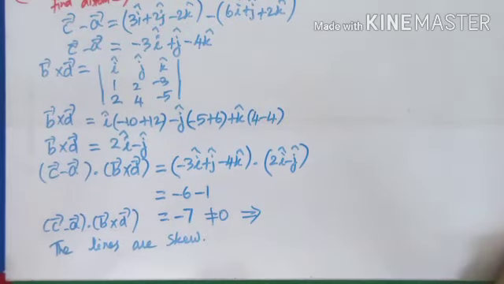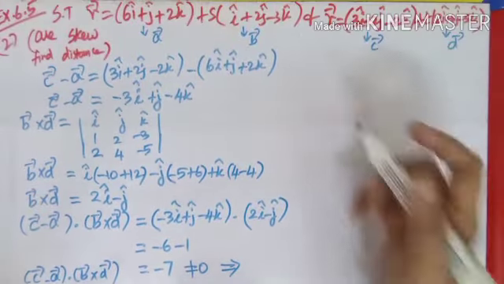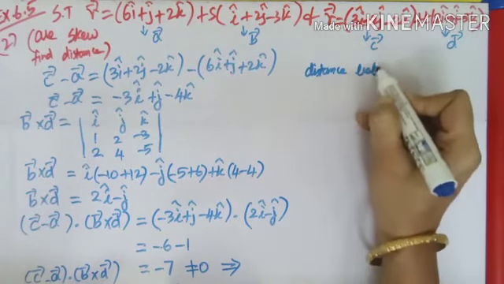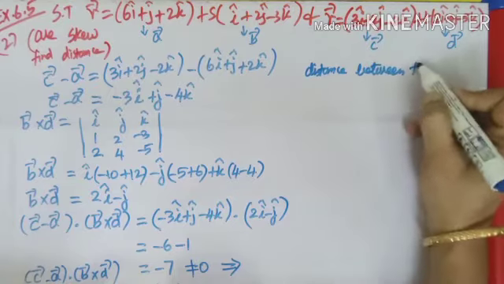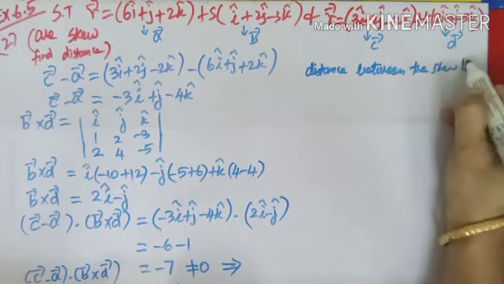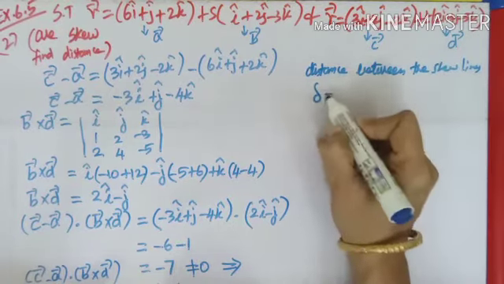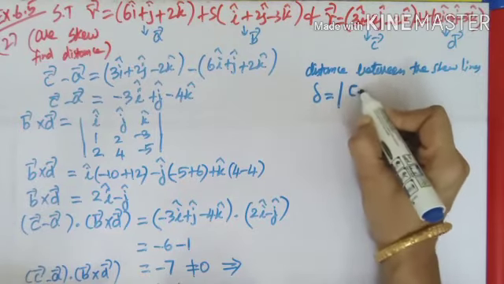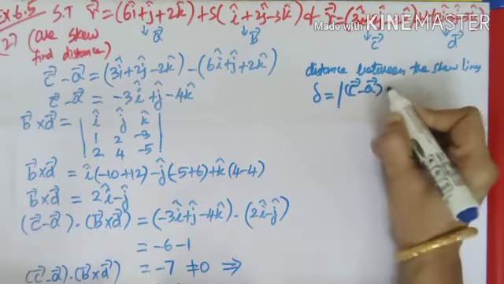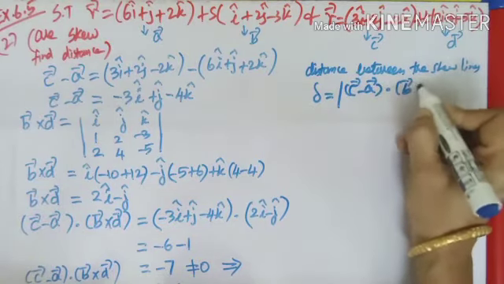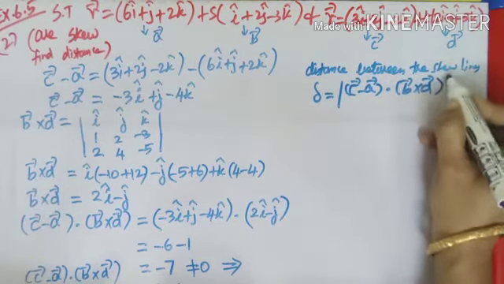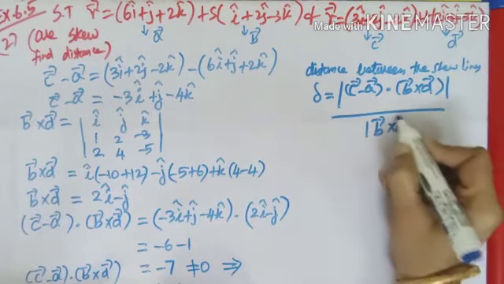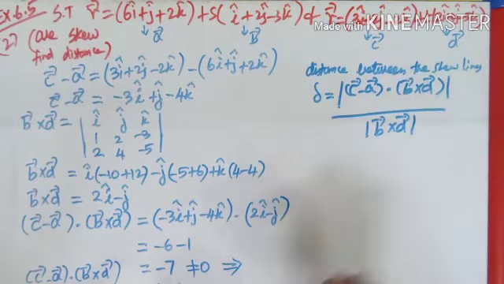My next step is to write the distance between them. So distance between the skew lines, we call it del. The formula is modulus of C minus A vector dot B cross D, divided by mod B cross D. I know this answer.